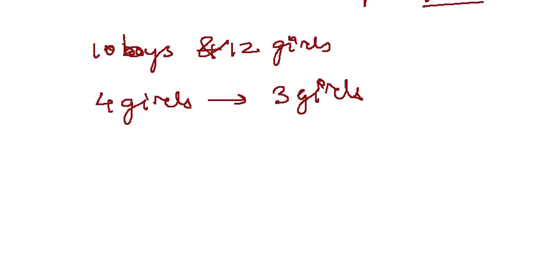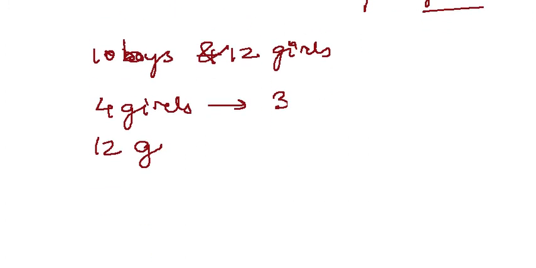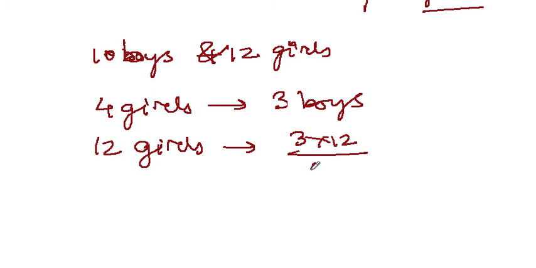Okay, so that means if we have 12 girls, how many boys would we need? 3 boys. So 12 girls would need how many boys? 3 into 12 divided by 4.